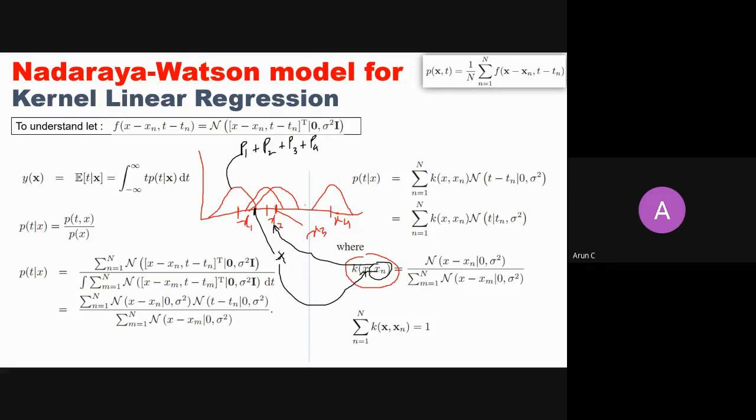No, peak is not the thing, peak means it is the mean. It's a Gaussian distribution. I am calculating a probability from the first Gaussian, then second, third, fourth Gaussian. So if I have four Gaussians, I am calculating four probabilities. But for what am I calculating this probability?